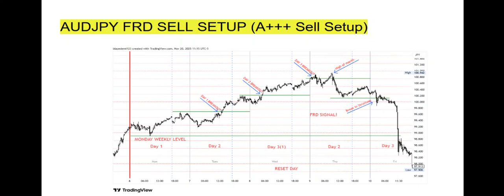Okay, so here's an example of how a first red day is supposed to play out. Obviously, if you go back and rewind a few seconds, you can see how the template looks similar to what I'm looking for when a first red day is setting up.